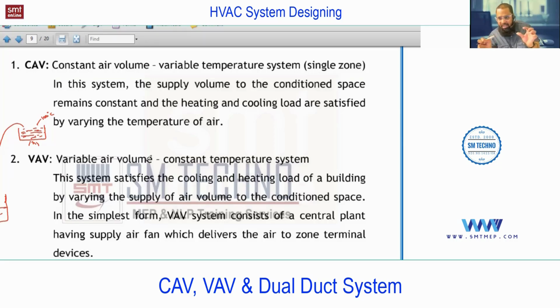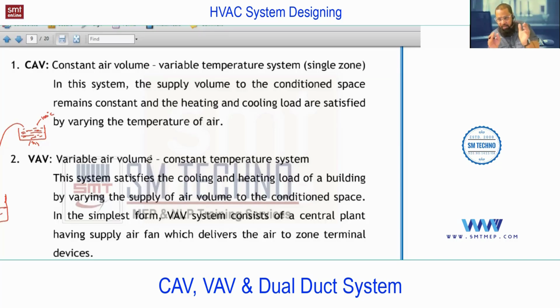If I want 18 degrees centigrade in the room, I make the volume of air from that unit full, actually with a VAV box. But for learning at this level, consider a valve. With a valve in the pipe, by adjusting the valve, we can increase or decrease the flow of water. Similarly, the VAV box is used to modulate the flow of air, increasing or decreasing the volume as per the room temperature requirement.